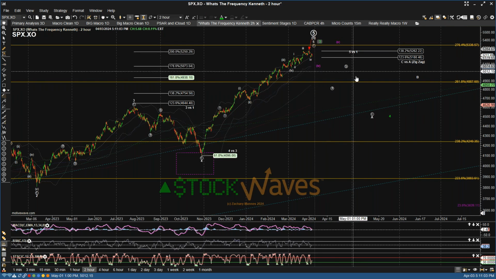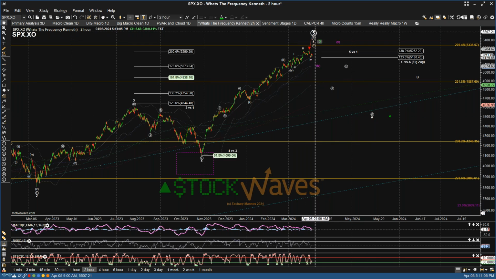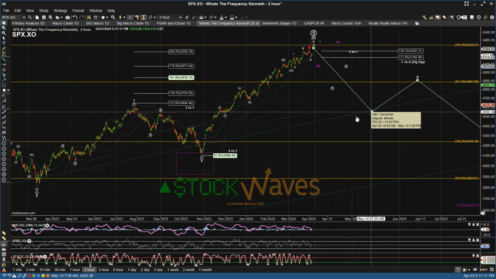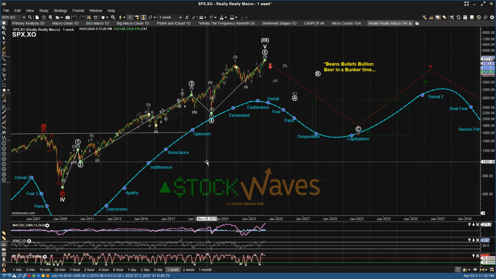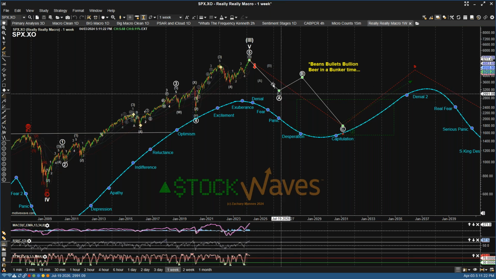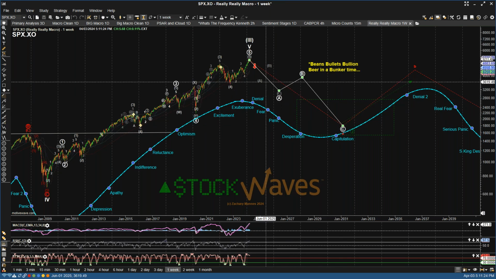So the structure that we'd be expecting, because we're looking at a new major top forming, we're going to have to start small with smaller degree ABC moves, because we know we're looking for a very, very large ABC move to the downside. That ABC move to the downside is very likely going to be the A wave of that should be a primary degree ABC.